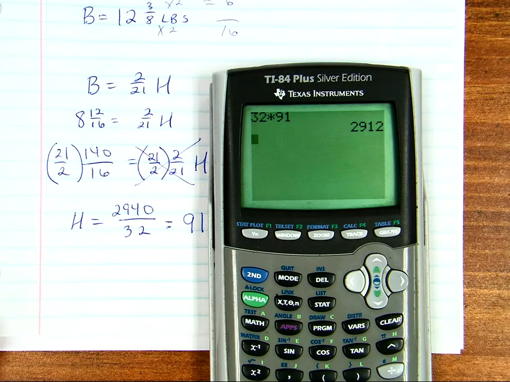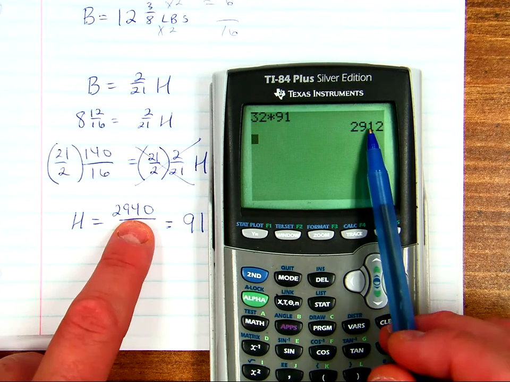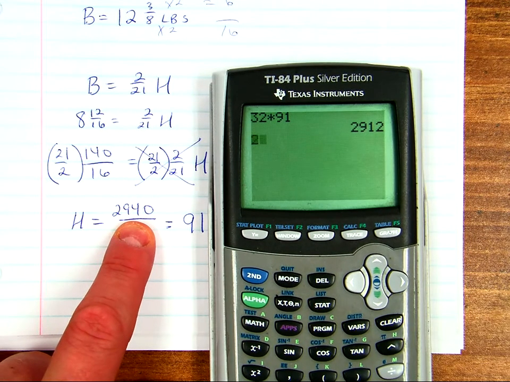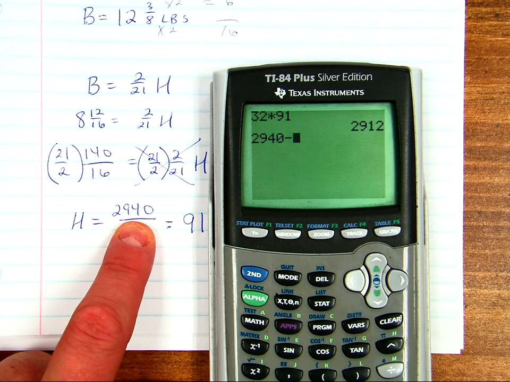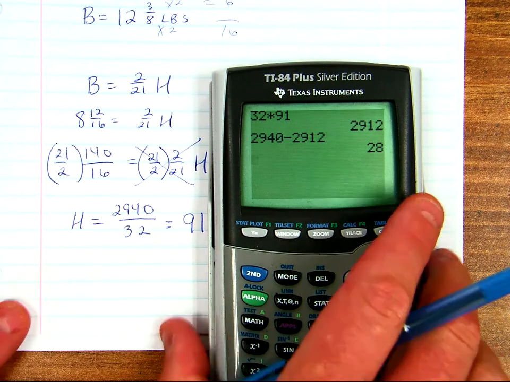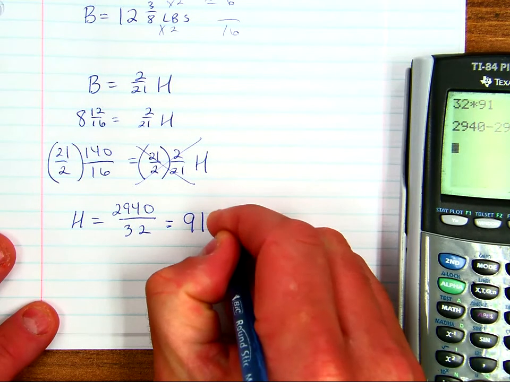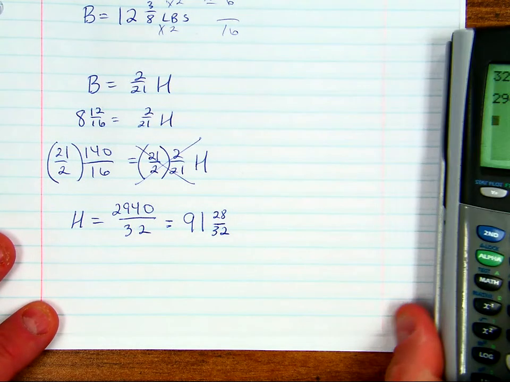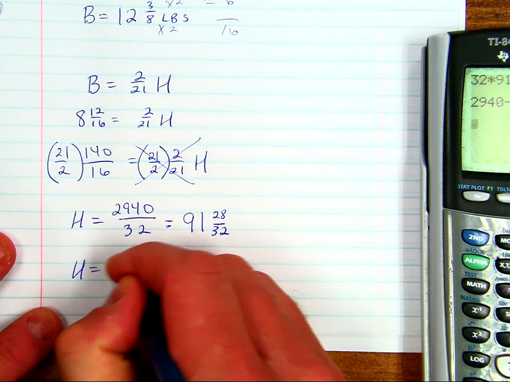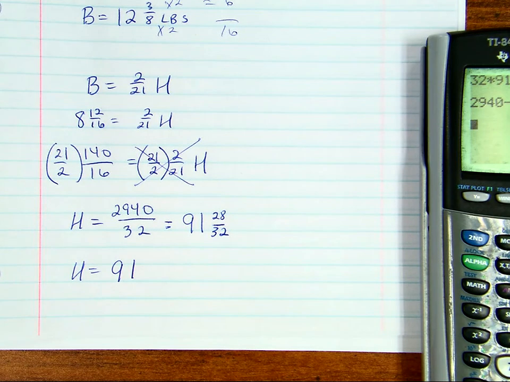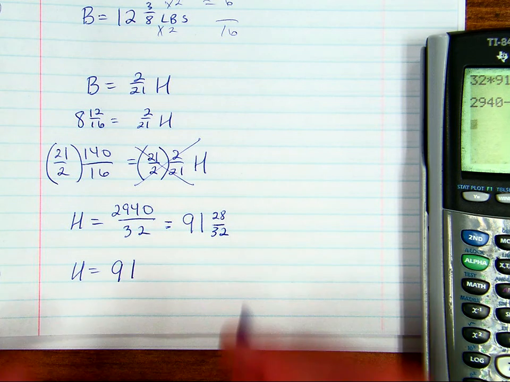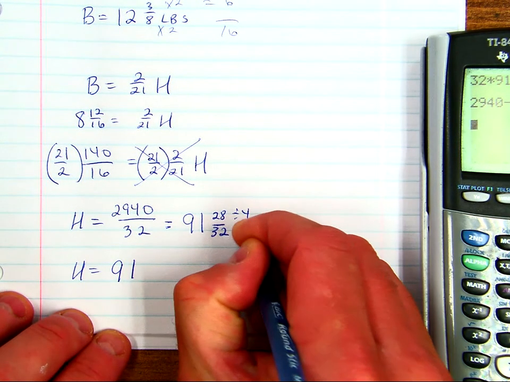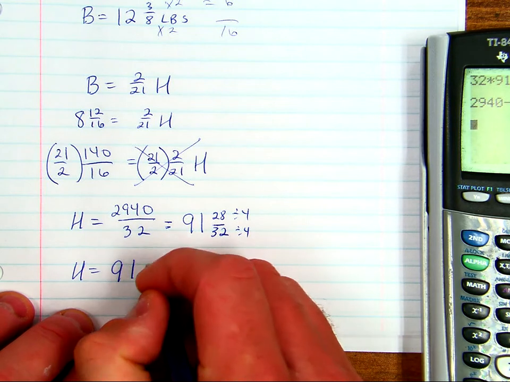I subtract this from the numerator, and I get 28. And can I reduce 28 32nds? Yes. And what is the greatest common factor, Shireen? 4. And you get 7/8.